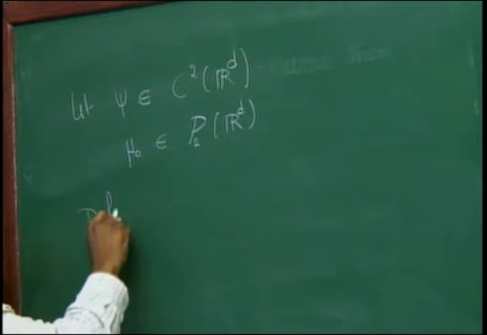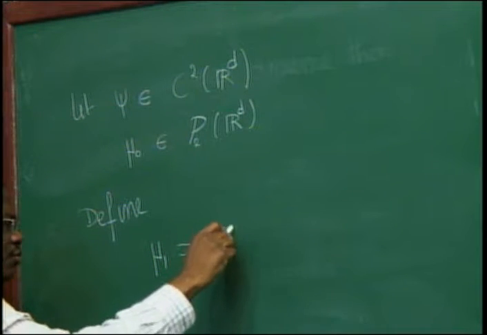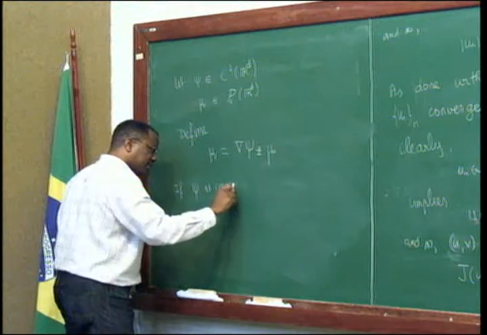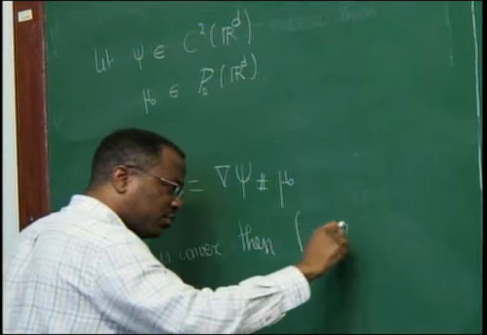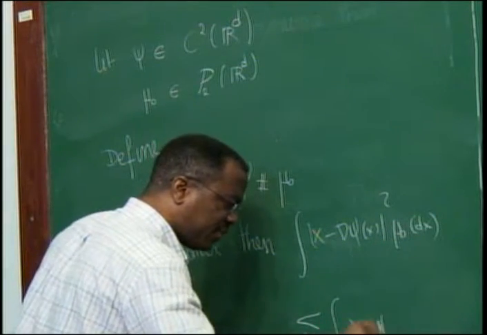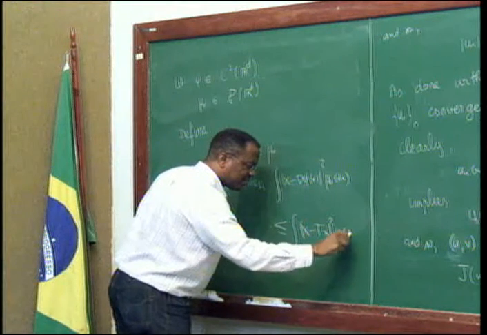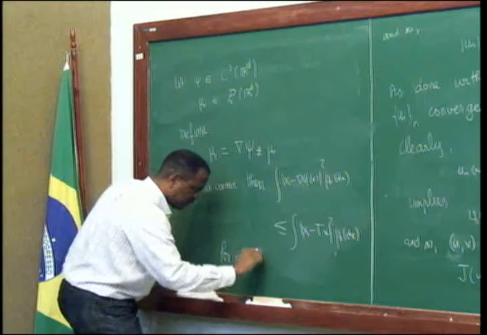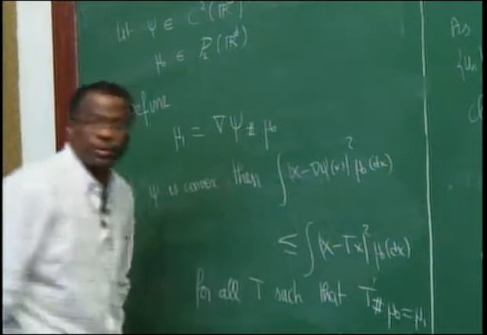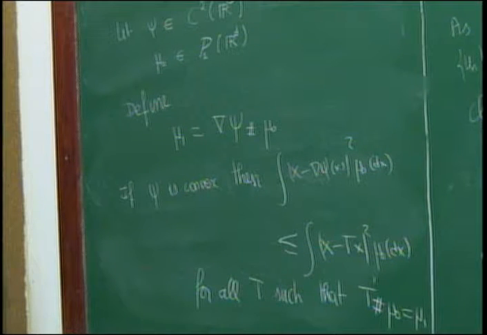Define mu1 to be the push forward of mu0 by the gradient of psi. If psi is convex, then the integral of |x minus gradient psi of x| squared dmu0 is less than the integral of |x minus T of x| squared dmu0 for all T such that T pushes forward mu0 to mu1. Okay, so that is an example of what I wrote there.